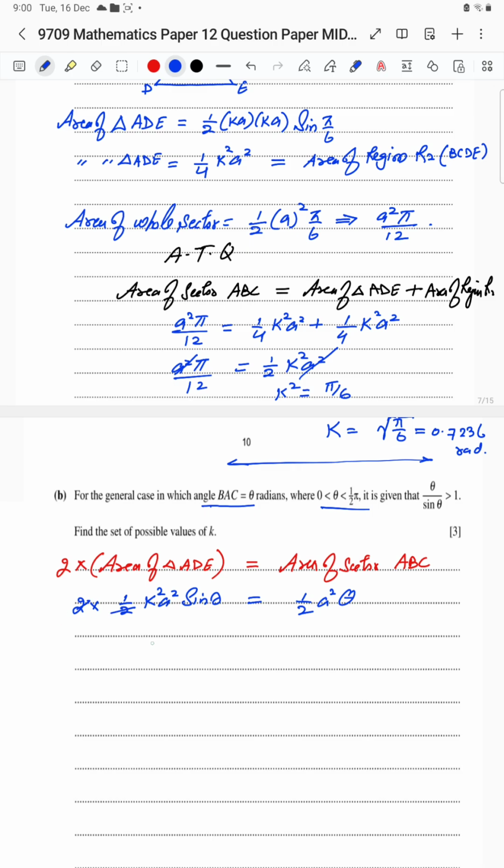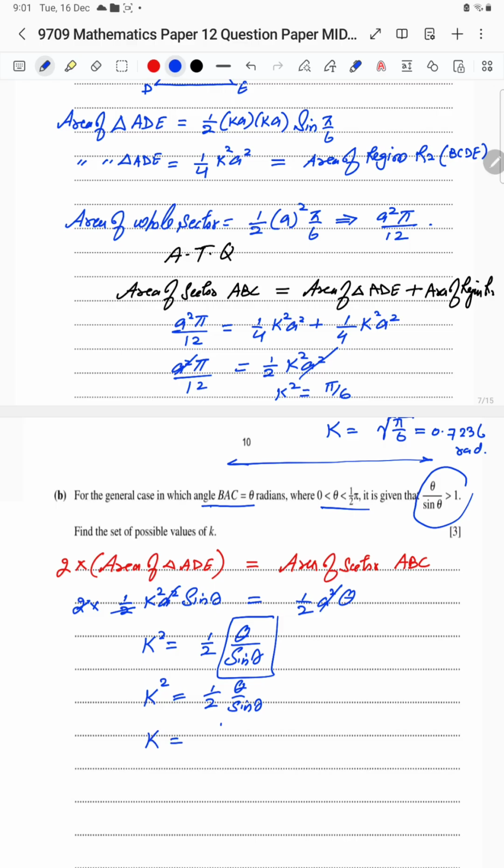So 2 cancels, A square with A square cancels, and we get k square is equal to 1 by 2 times theta over sine of theta, and it is given that theta over sine theta is bigger than 1.